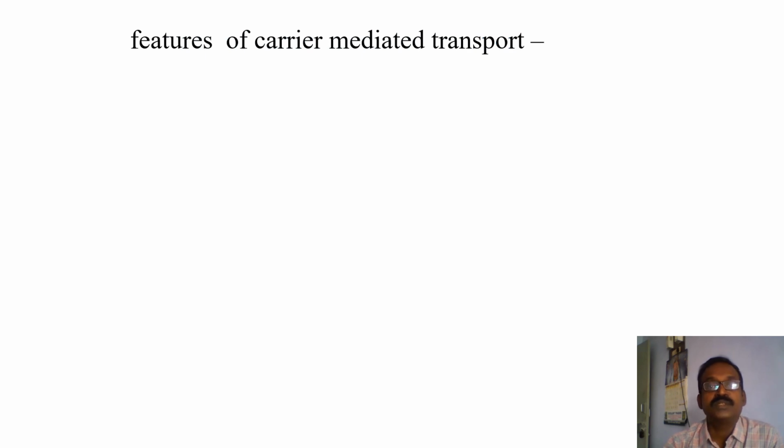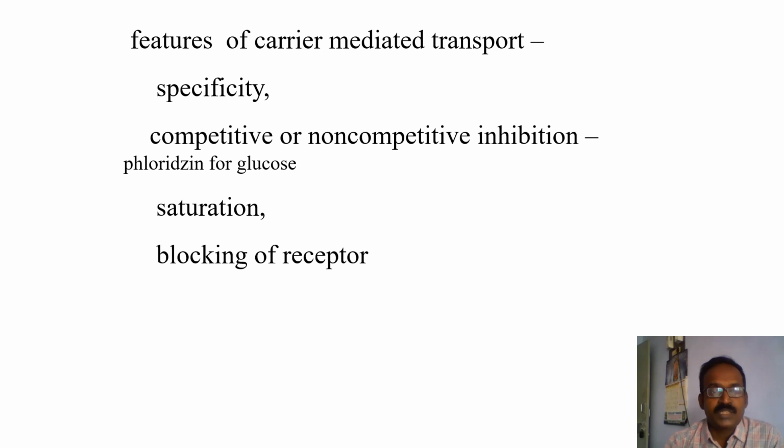Features of carrier transport protein. Features of facilitated diffusion. It has specificity, so transporters carry a specific substance. It has competitive or non-competitive inhibition, because the glucose transporter can be blocked by fluorescein. It has saturation.